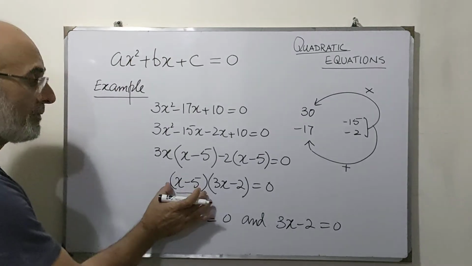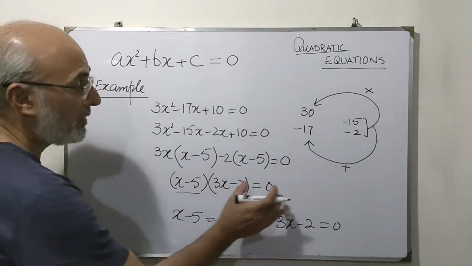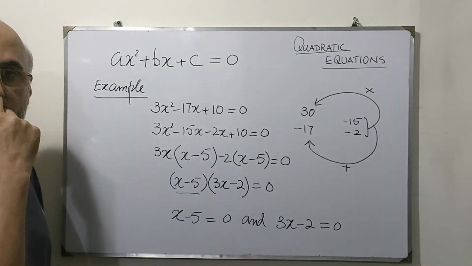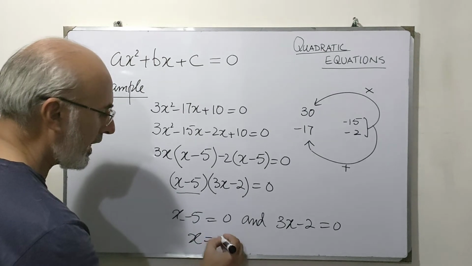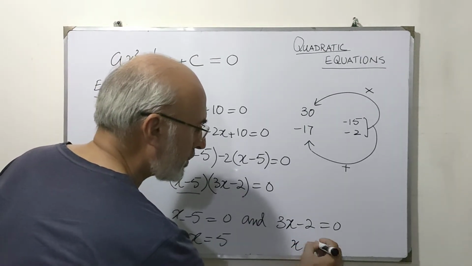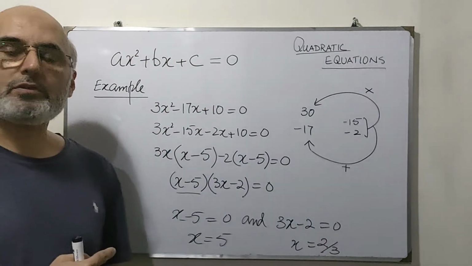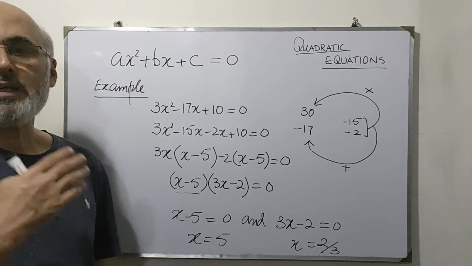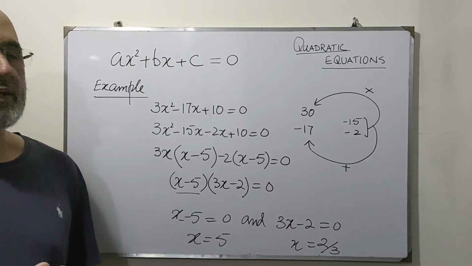Because either of these 2 factors can be equal to 0. Both can be equal to 0, right? So if this is equal to 0, x is equal to 5. And if this is equal to 0, x is equal to 2 over 3. So we have 2 values for our variable x. Either it could be 5 or it could be 2 over 3, right?